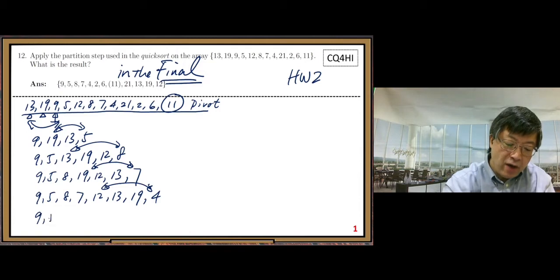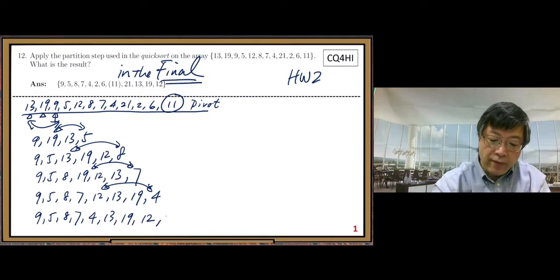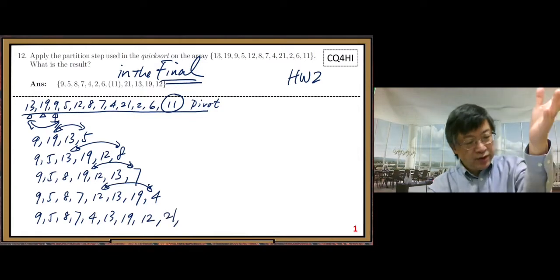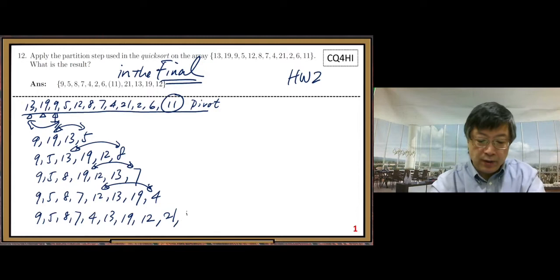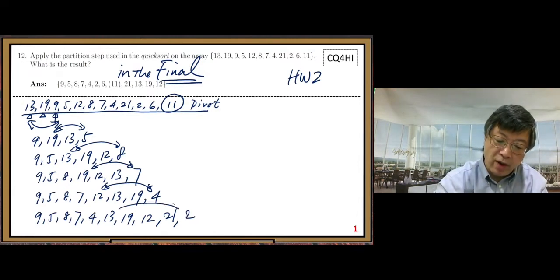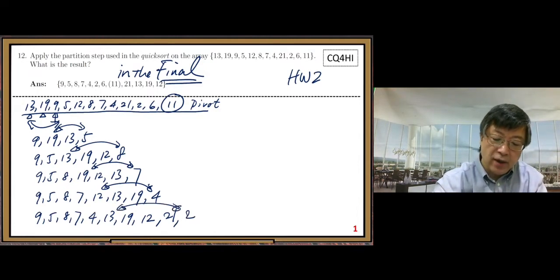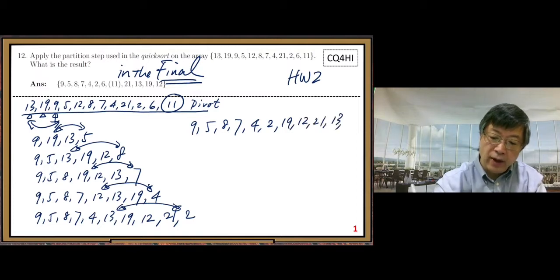So 9, 5, 8, 7, 4, 13, 19, 12. And then next one, 21, stays there. 2 next. Swap operation. All right. So 9, 5, 8, 7, 4, 2, 19, 12, 21, 13.